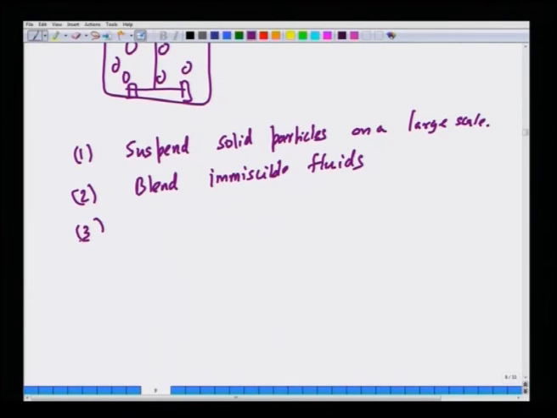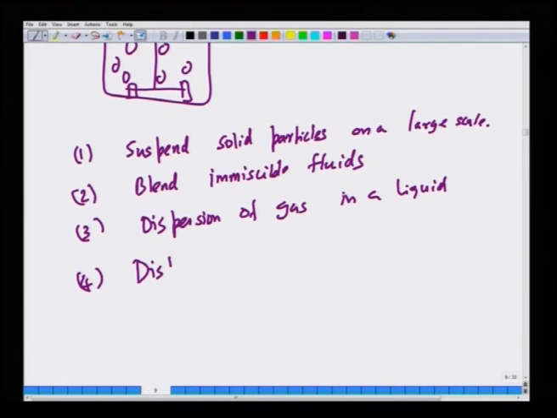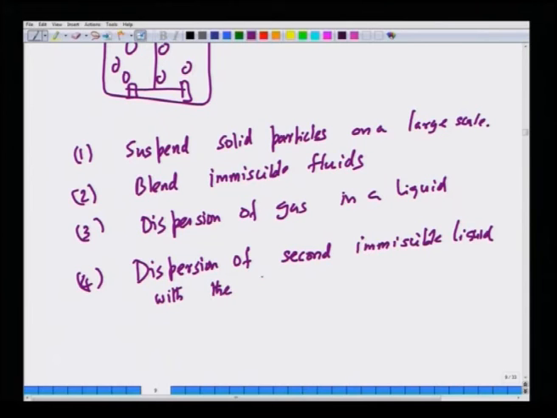And thirdly, we may want to disperse a gas through liquids, like I just discussed, dispersion of gas in a liquid, and or dispersion of a second immiscible liquid in another liquid, with the first in the form of drops.